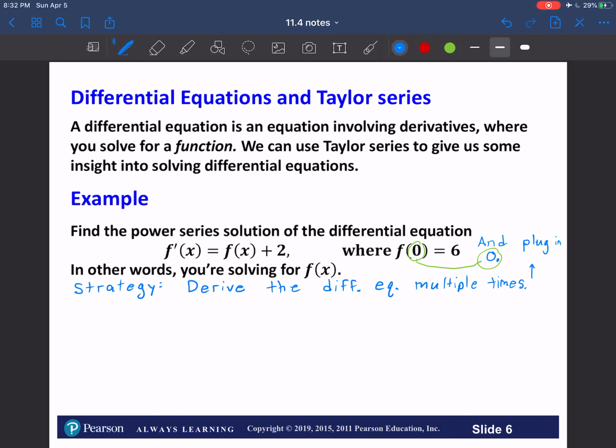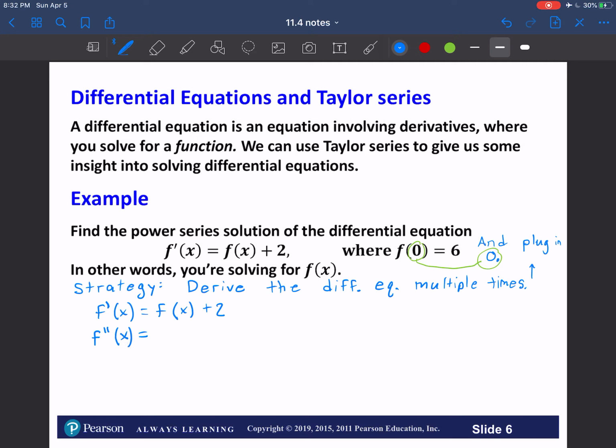All right, so we know that f prime of x is equal to f of x plus 2. Let's just take the derivative of both sides. The derivative of the left-hand side is f double prime of x, of course.